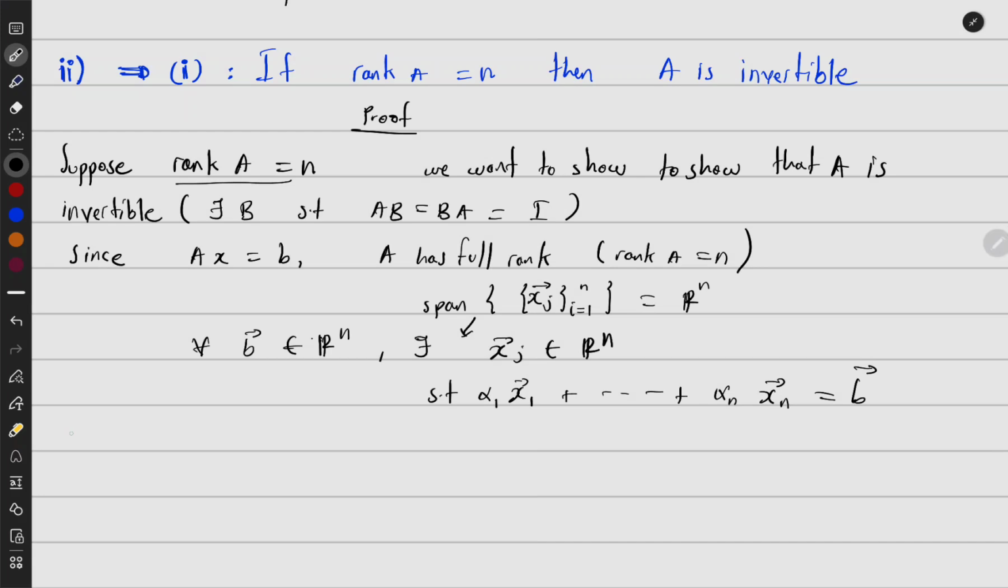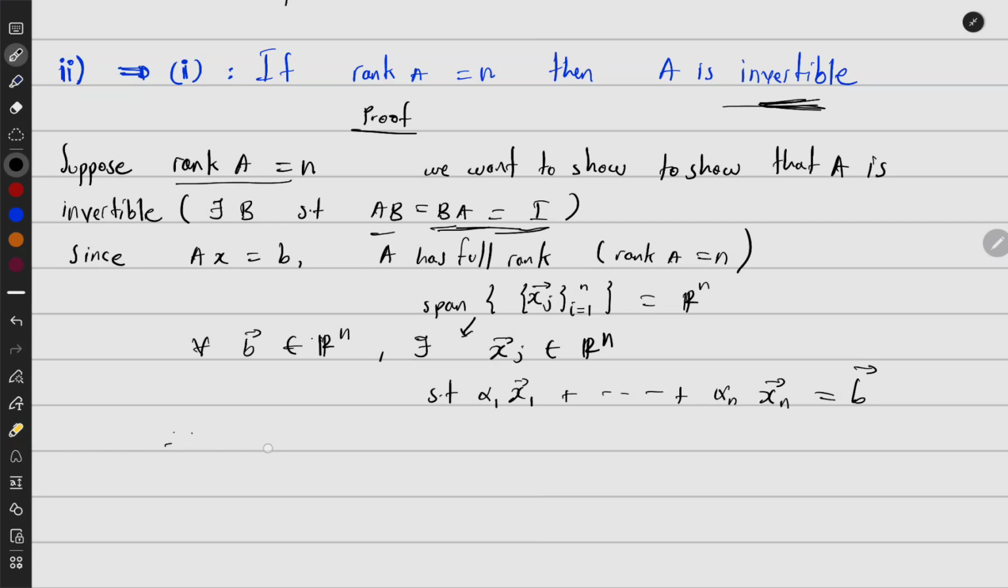Now, because I want to show that A is invertible, my interest is in forming a matrix B which will satisfy this. We have just seen that AB equals I. This is what I'm interested in.